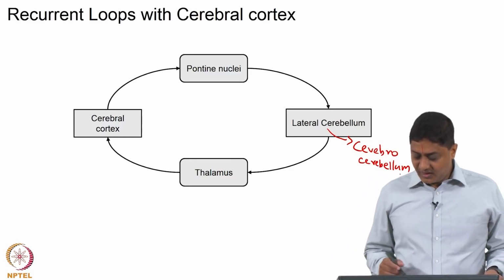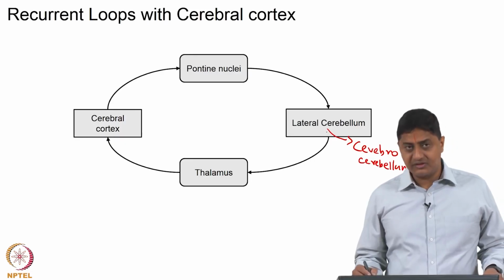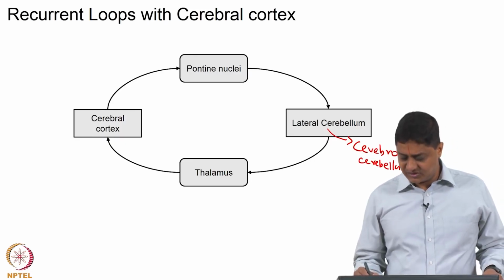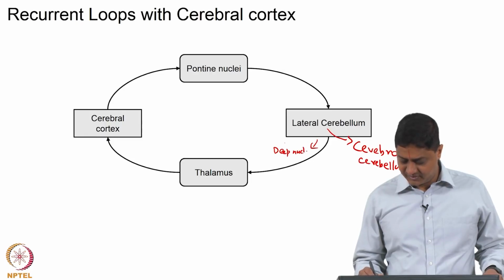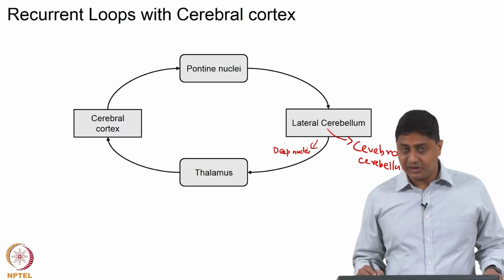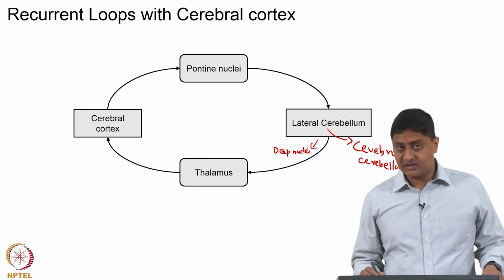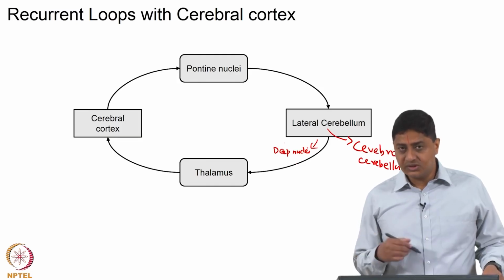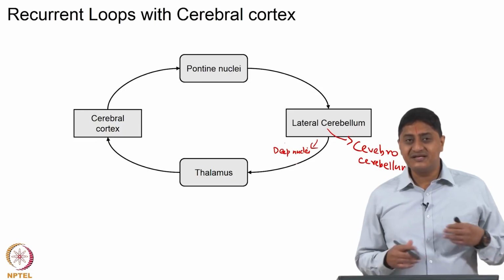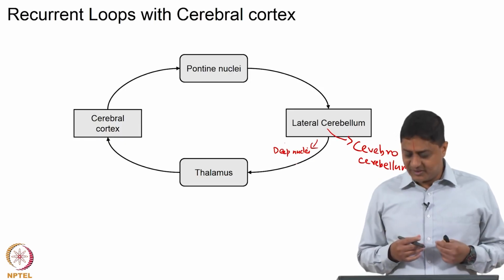The output from the lateral cerebellum goes via the deep nuclei. Actually not shown here is the deep cerebellar nuclei. In particular, what is the nucleus that is responsible for sending outputs to the cortex or processing information from the cerebellum, right?